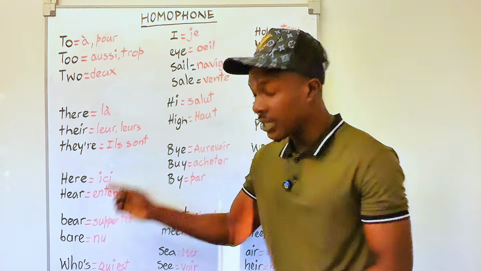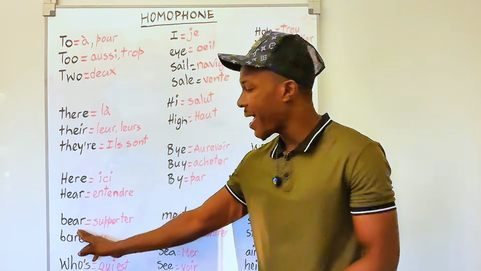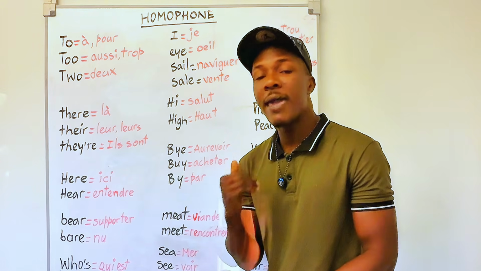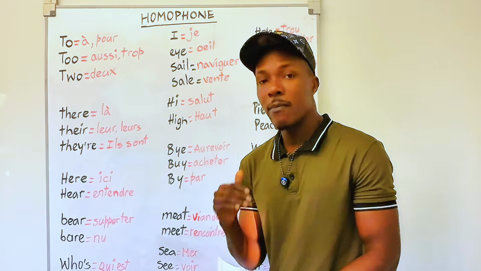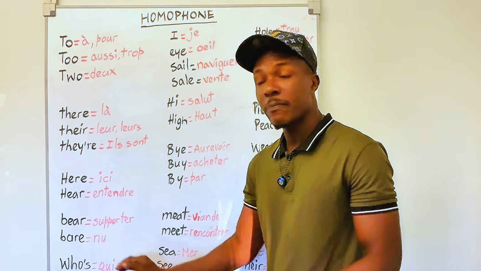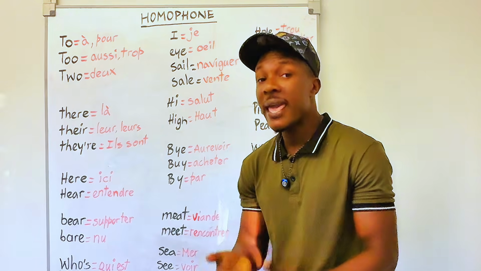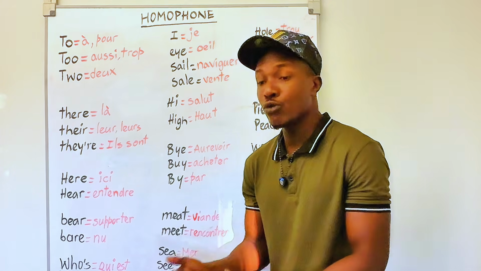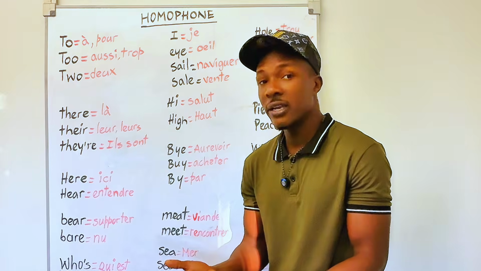Well, let's see another couple. So we have bear and bear. Remember, the pronunciation is bear. Bear means supporter. I can't bear this anymore. Je ne peux plus supporter ça.